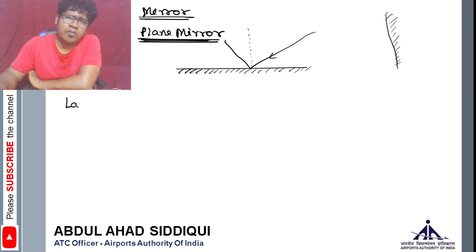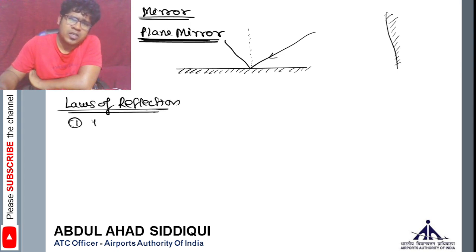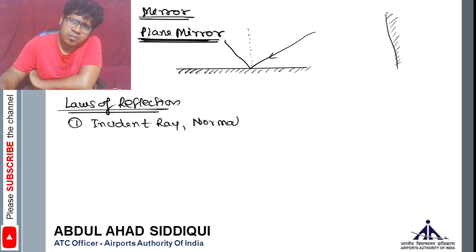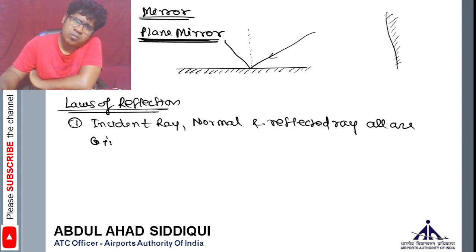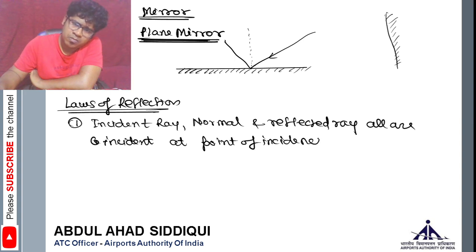So I will say laws of reflection. The first law of reflection is that the incident ray, the normal and the reflected ray are all coincident at the point of incidence, right?